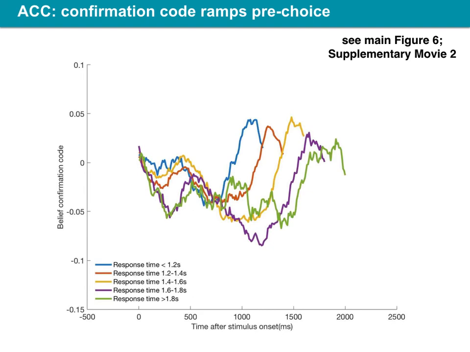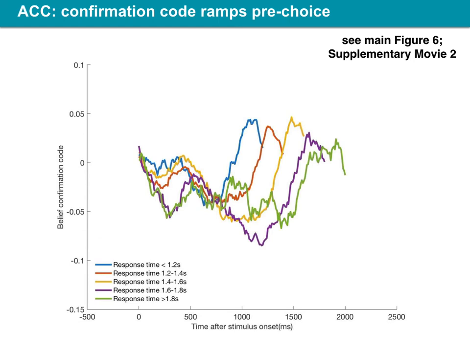So that's what we did, and then we saw how the activity within this subspace evolved on trials where the subject responds, where they move the joystick, at different response latencies. And what's remarkable here is that the activity in this subspace always seems to ramp up prior to the time when the final action is being made by the subject.